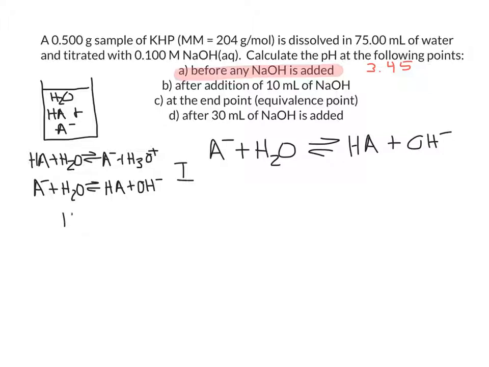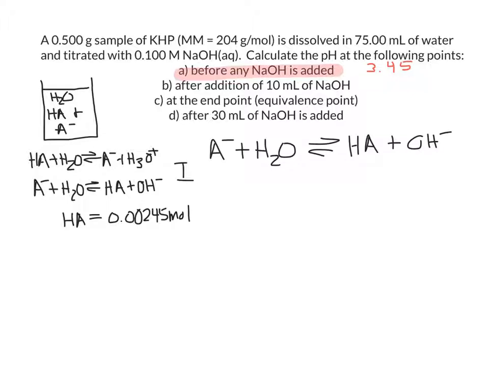So from the previous problem, we know that 0.5 grams of HA is 0.00245 moles of HA. I am going to need to know how much OH minus I put into my beaker. So what's the initial amount of OH minus I put in my beaker?